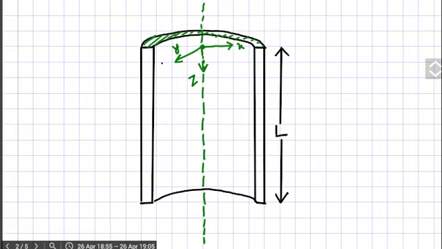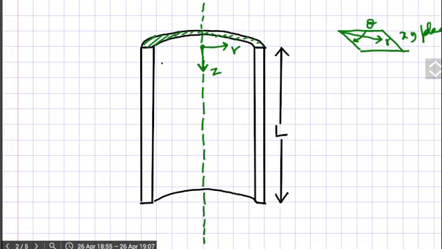Because it is a cylindrical system, the R will be like this. On the XY plane R will rotate, and for Z direction you will go this way. I hope you understand my point. So here I have shown it in cylindrical axes. This is the direction of R, this is the direction of Z, and R will rotate on the XY plane. Okay, now step 1 is over.